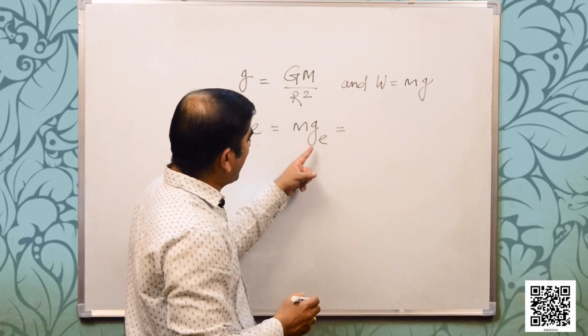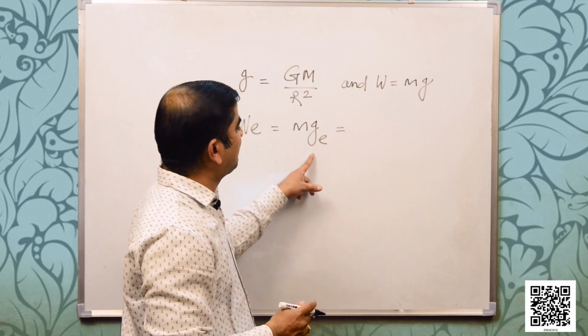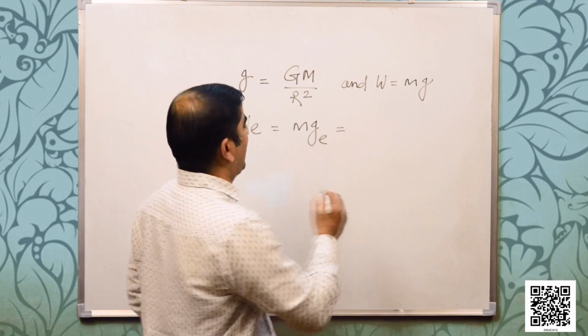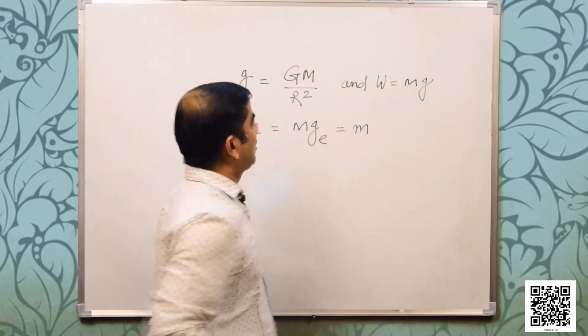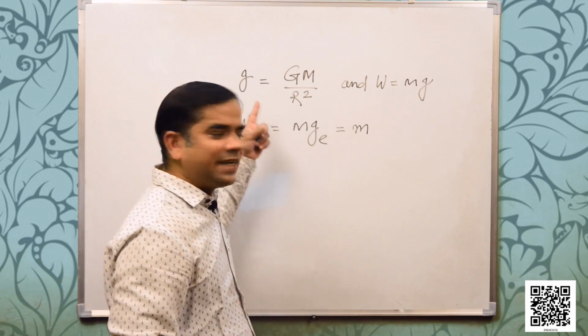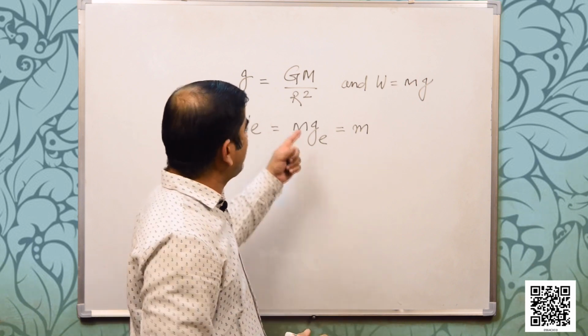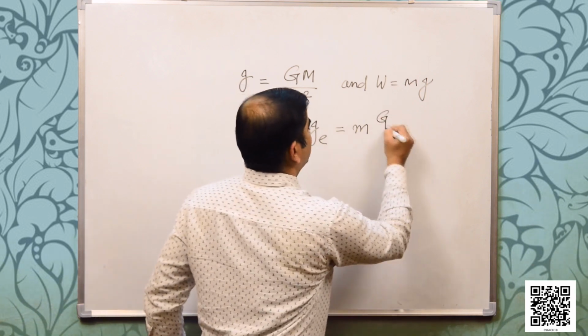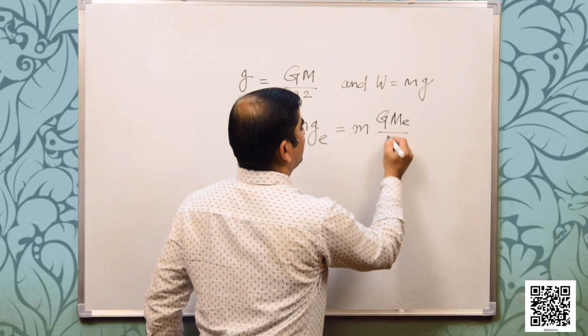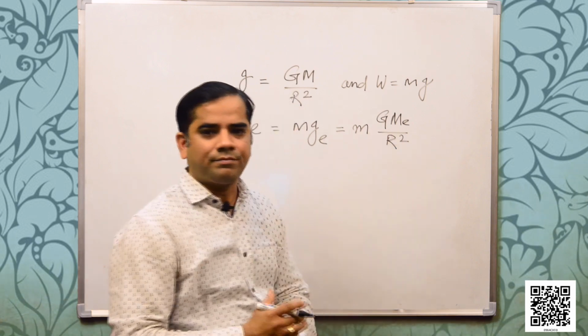Okay. So, when I replace or substitute the value of g over here, I get mass, and what is acceleration due to gravity? That is GM by r square, and in case of earth it should be Me by r square. Fine.